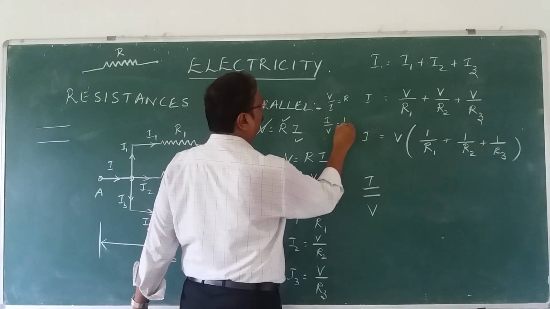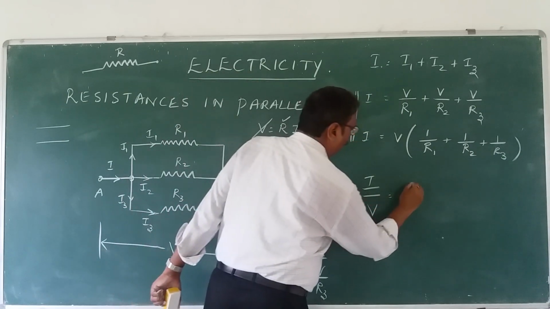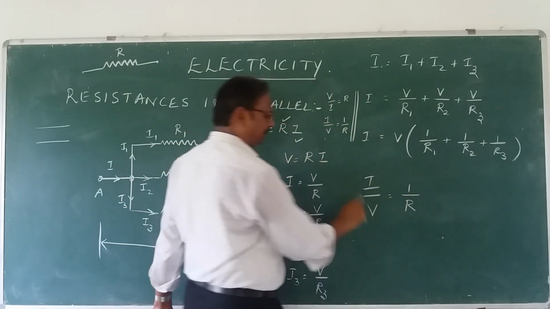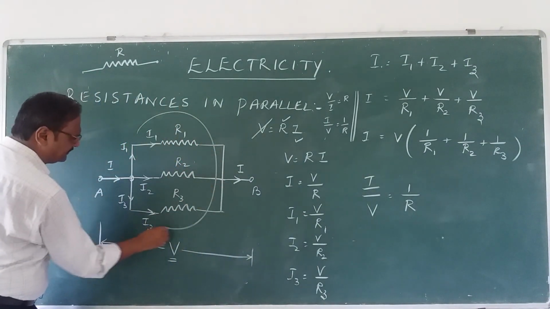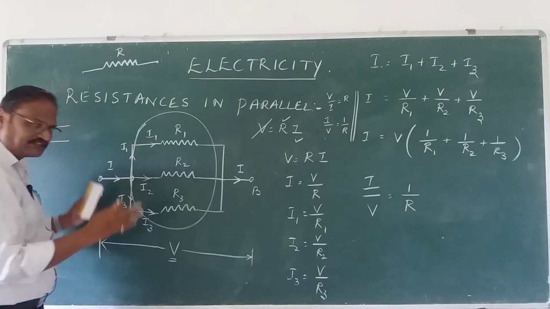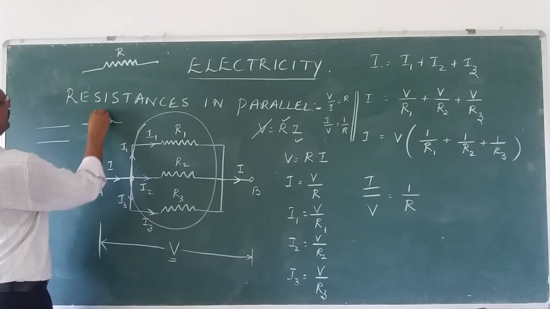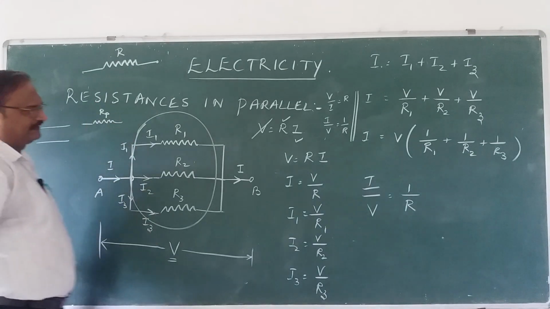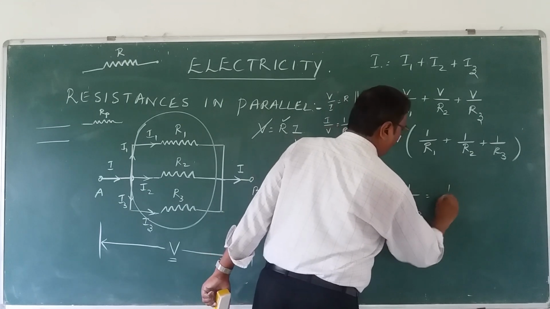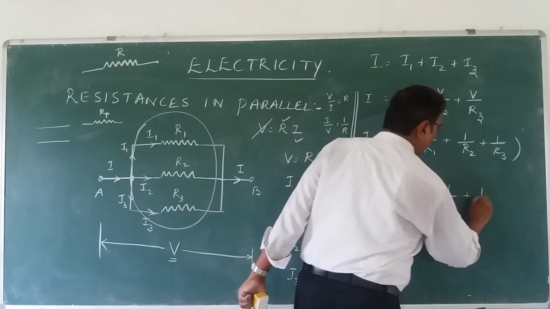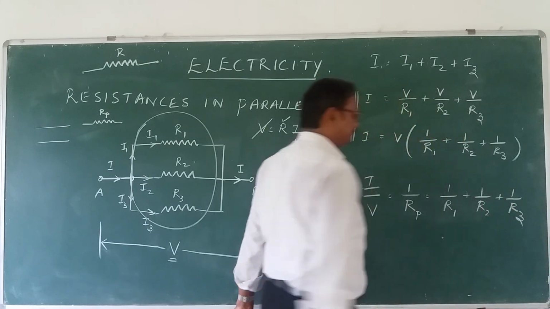The reciprocal, 1 upon R. So, let me substitute 1 upon R instead of I upon V. That R is putting all these resistors as a single resistance, and that single resistance, the equivalent resistance, we can say R parallel. So, the parallel value will be 1 upon R is equal to 1 upon R1 plus 1 upon R2 plus 1 upon R3.